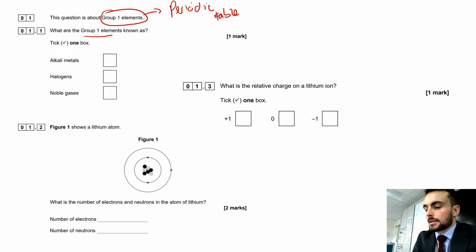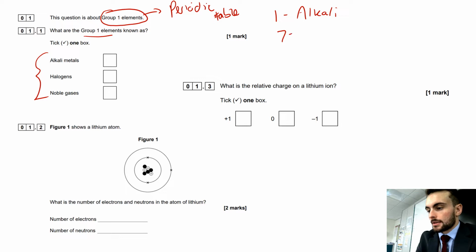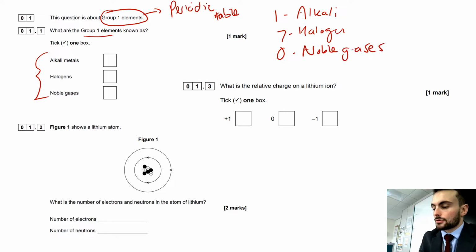And if you remember, hopefully you've absorbed it through osmosis from your planner for long enough, group 1 is alkali metals, group 7 is your halogens, and group 0 is your noble gases. There's not really any other way of thinking about that, you just have to know what the group numbers are. So group 1 elements are alkali metals.